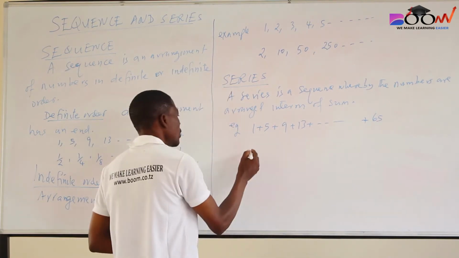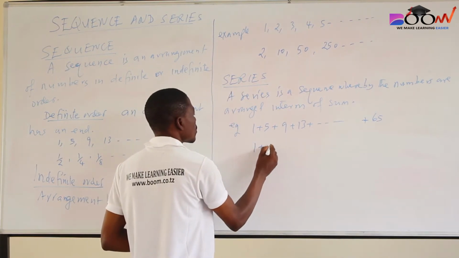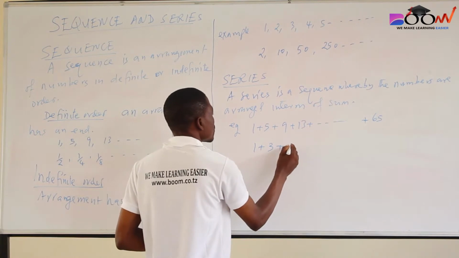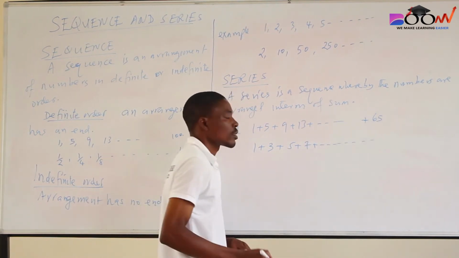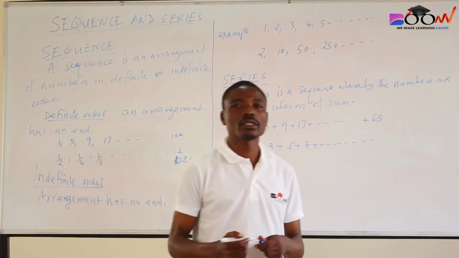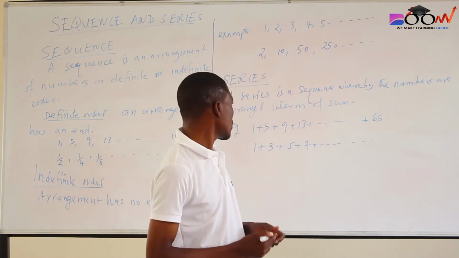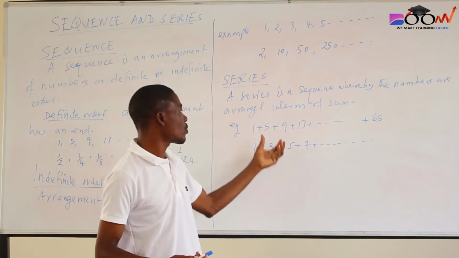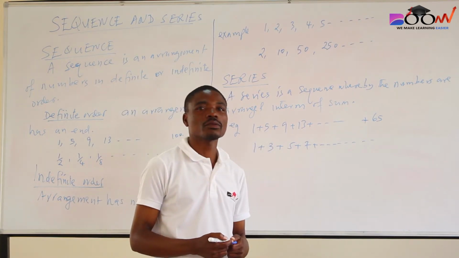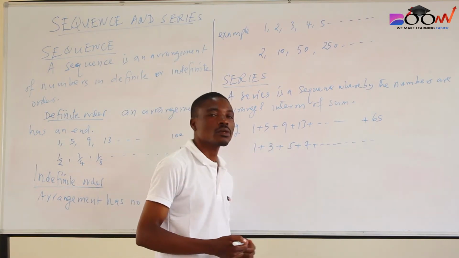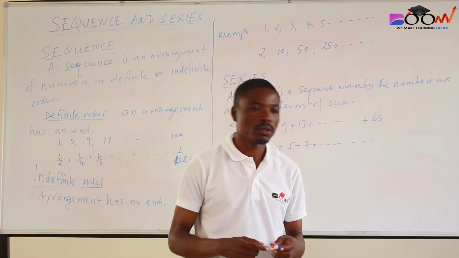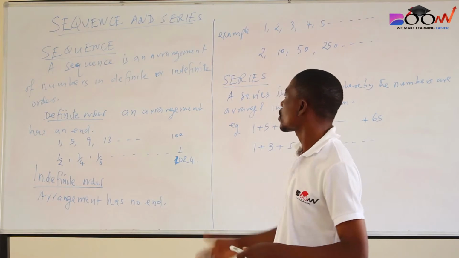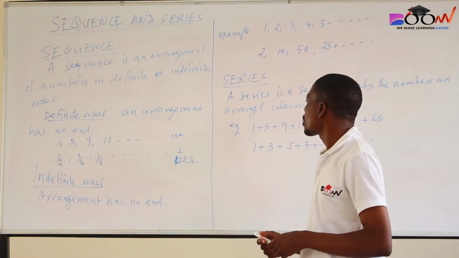It can be again 1 plus 3 plus 5 plus 7 and so on. Again, this is what is called a series. Therefore, it can be a series with a definite end, or a series with no end. That is how we talk about sequence and series, and so this is the introduction.